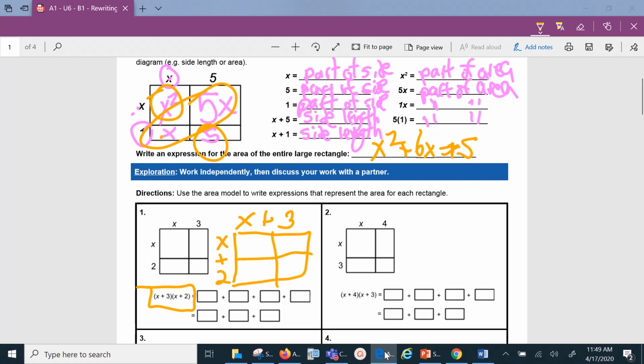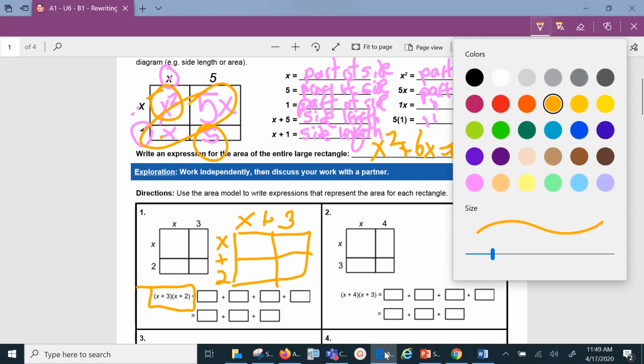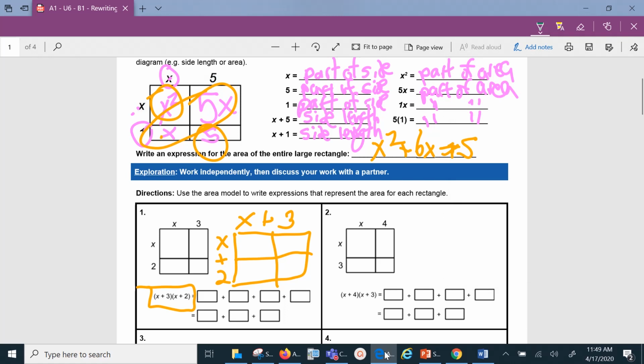It's done for you here. And then what you do next is you find what's inside these boxes. So x times x is x squared. x times 3 is 3x. 2 times x is 2x. And 2 times 3 is 6. And I don't want you to get confused, but this box and this box are identical.